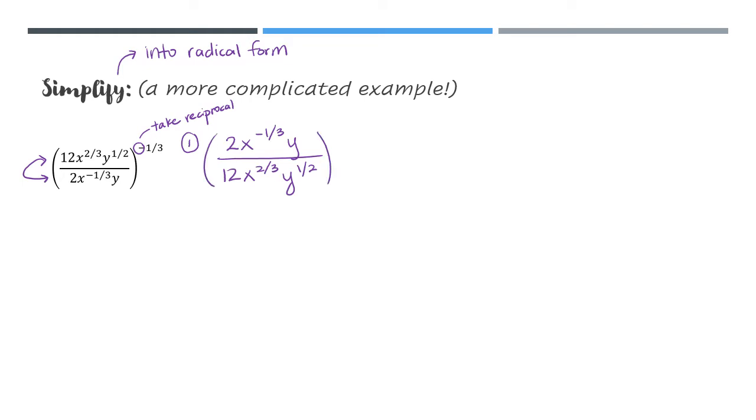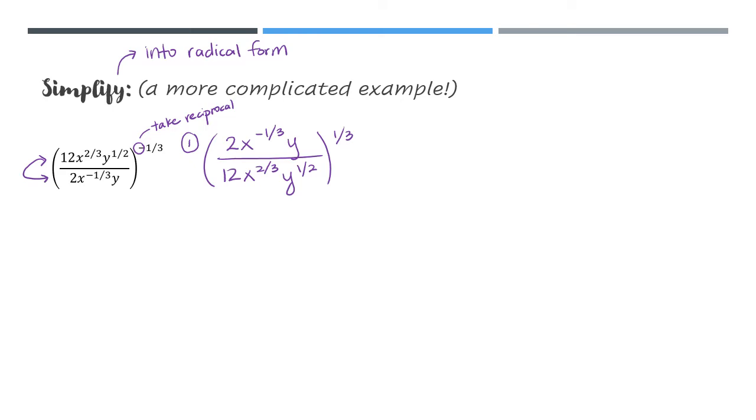And this is all being raised to not the negative 1/3, but now the positive 1/3 power. Okay, so that's one approach you could take with your first step. The rest of the steps are kind of similar. You could go in several directions at this point.